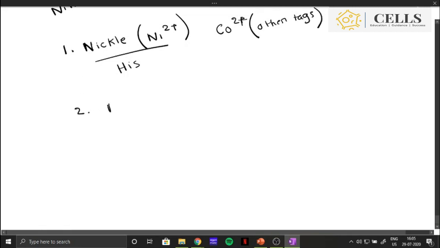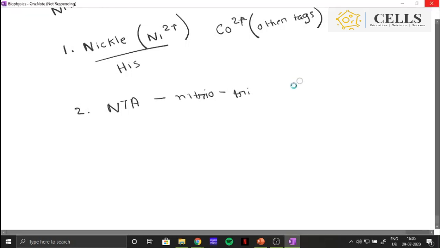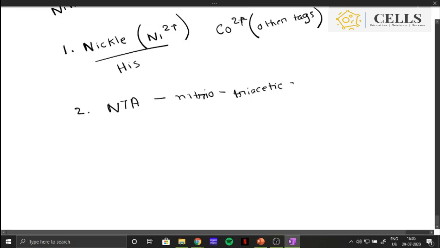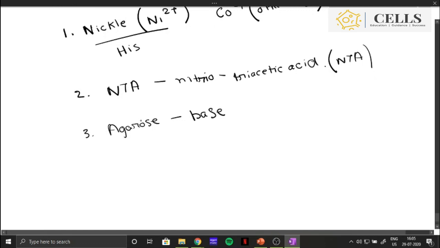The number two thing is NTA, nitrilotriacetic acid, or in short NTA. Then you have agarose, which is the base material.